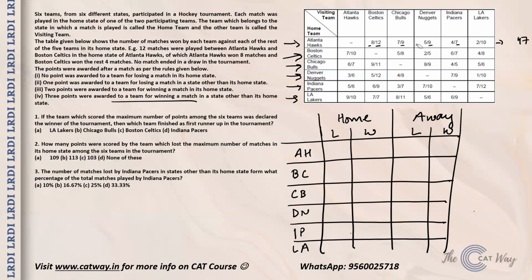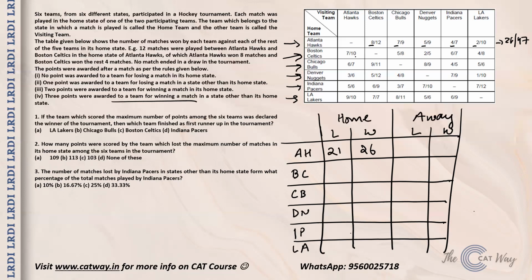And how many did they win? 8 plus 7 is 15, plus 5 is 20, 24 and 2 is 26. So they have won 26 matches in the home, right? That means they have lost 21 matches.